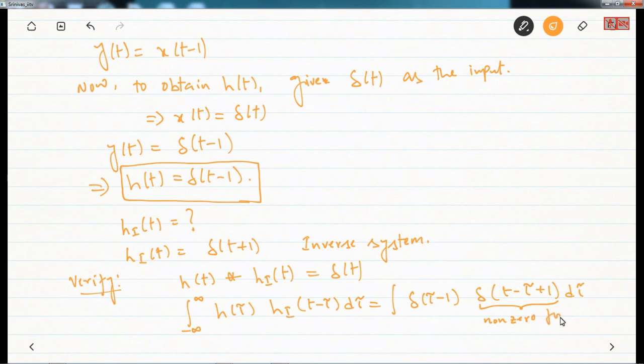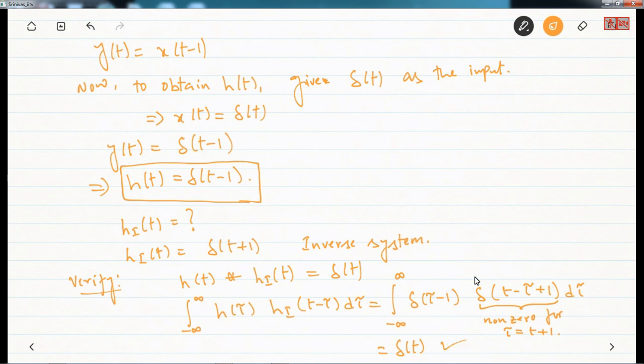It's non-zero for tau equal to t plus 1, and if you do this, you will get delta of t, because you just put tau equal to t plus 1. Then this is t plus 1 minus 1, the plus 1 and minus 1 get cancelled, and you finally get delta of t, right? Okay, so this is how we verified.